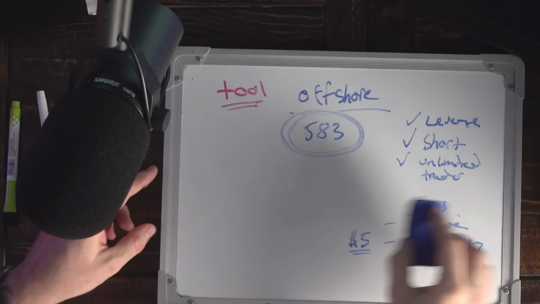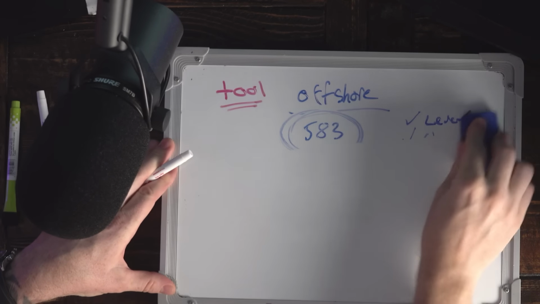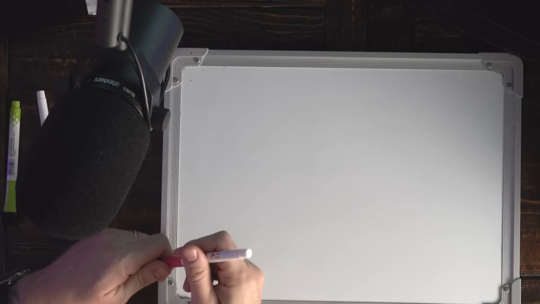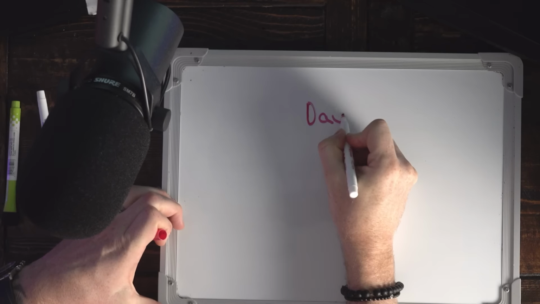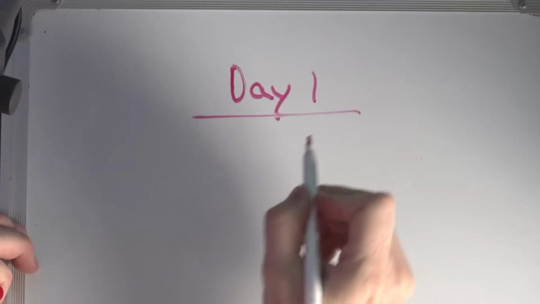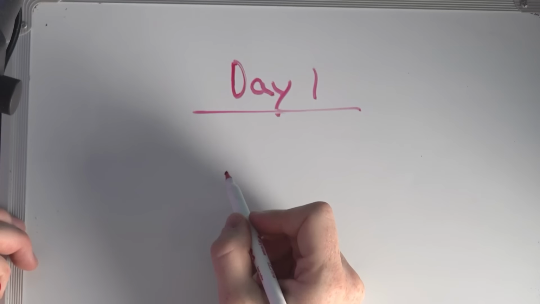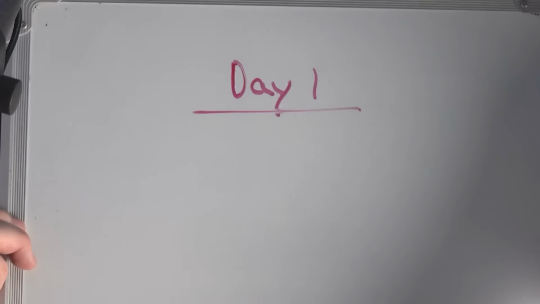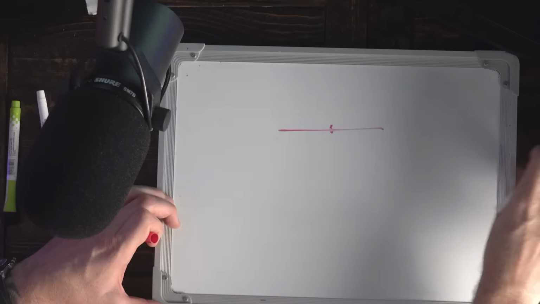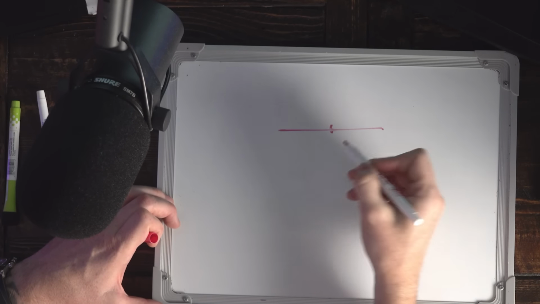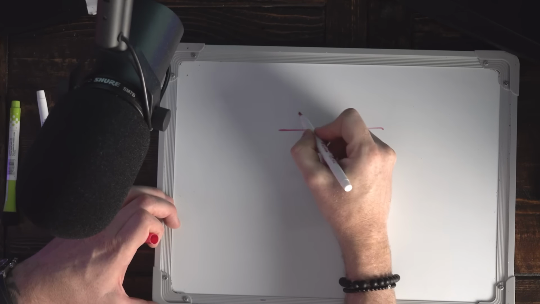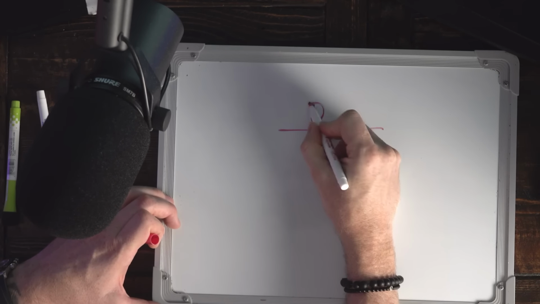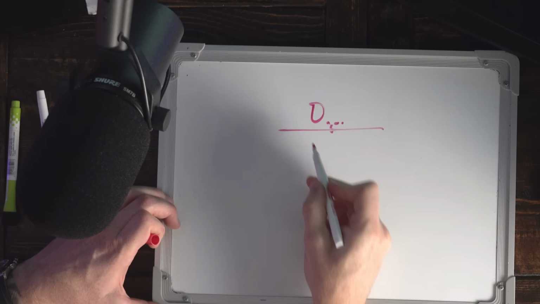So what you have to understand is that coming into day one, the skill set that I had was different. So let's talk about day one. It's not really day one, to be honest. Let's call it decision time, D-Day.